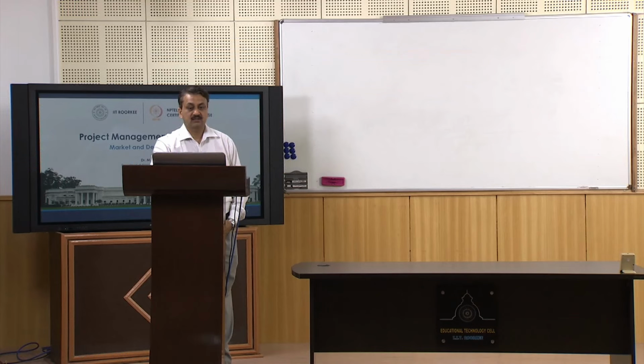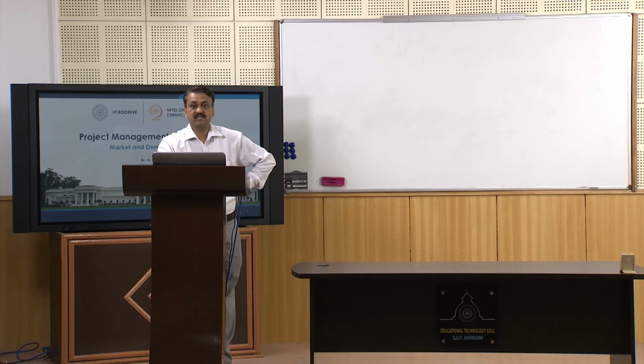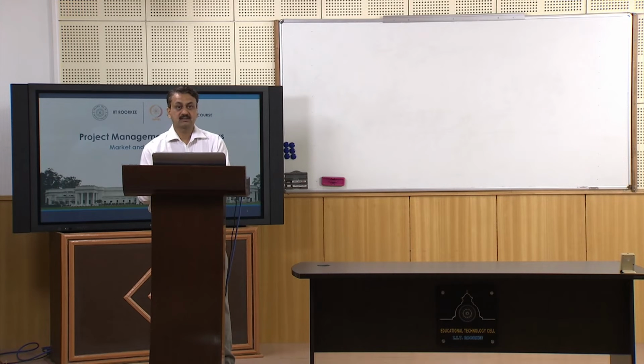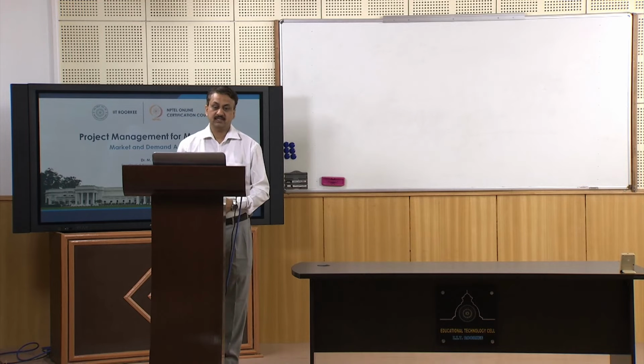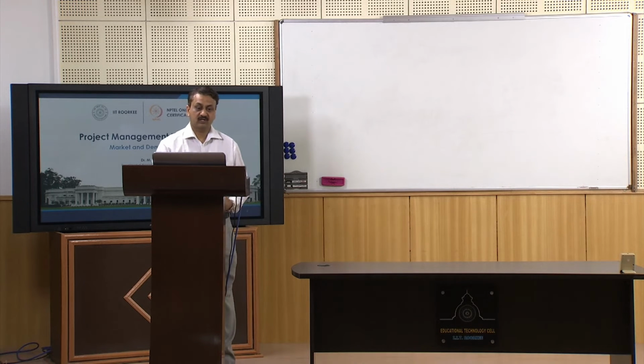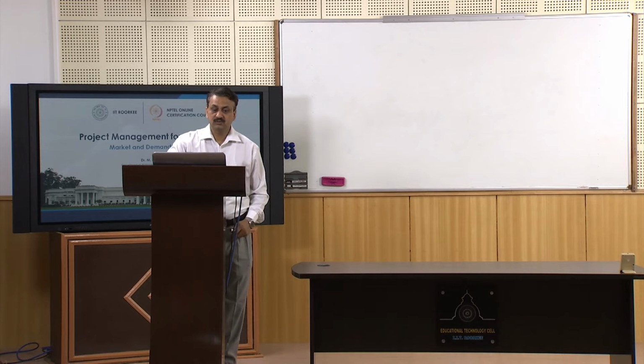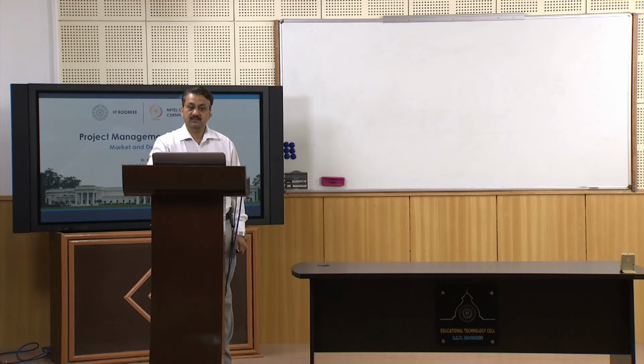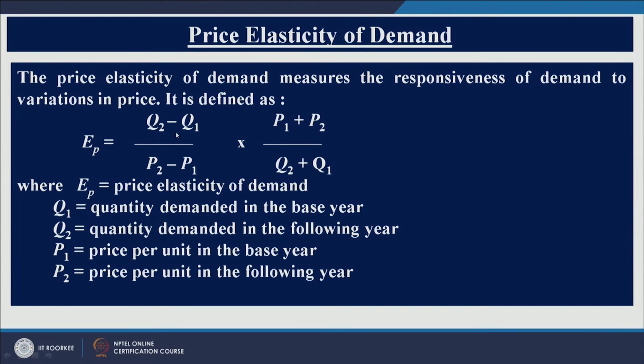So, let us look at second consumption level method, it is price elasticity of demand, how responsive the demand is with respect to price, right. So, the formula is this, EP is equal to Q2 minus Q1, it will remain same, it was there in previous method also, P2 minus P1 multiplied by P1 plus P2 divided by Q2 plus Q1, right.